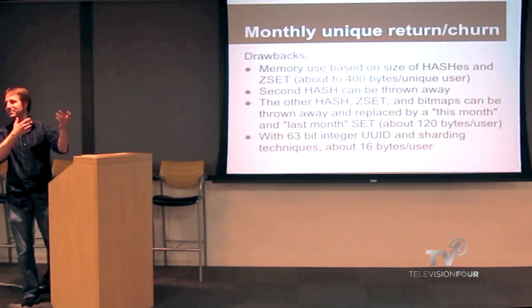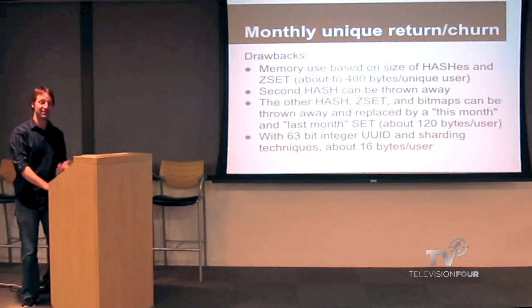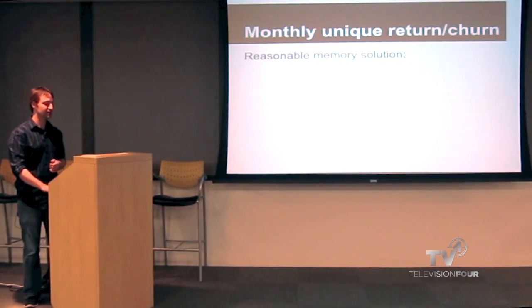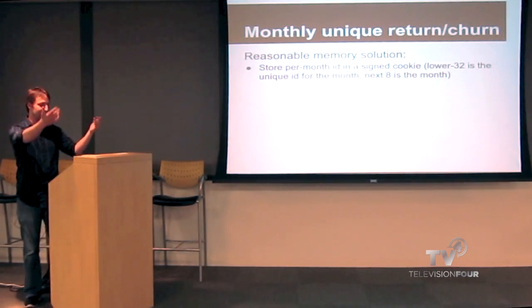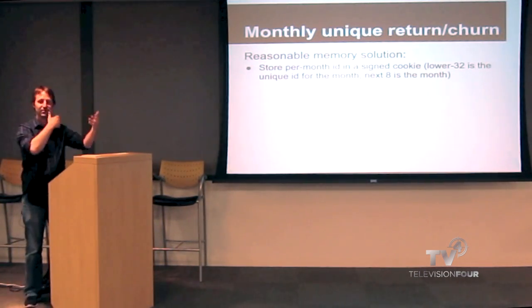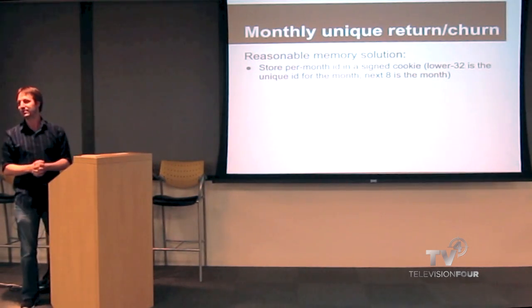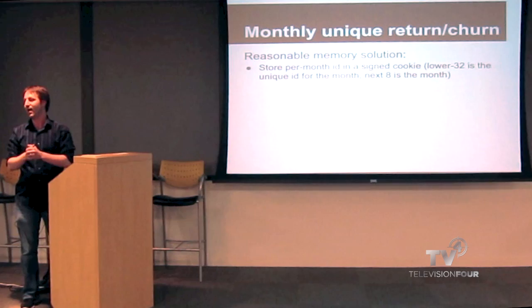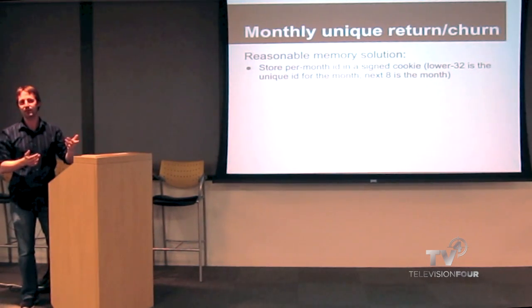But we can actually do better than 16 bytes a user. Significantly better, it turns out. Rather than storing that kind of information, instead of using UUIDs, which are generally randomly generated, let's instead store a per month ID in a signed cookie.